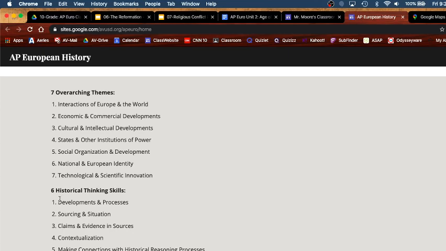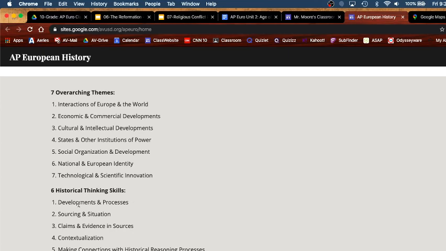There are 6 skills that we've been trying to develop throughout this year. If you have not developed these skills, it will show in your writing, and you won't have the strong writing that you need to pass the AP exam.